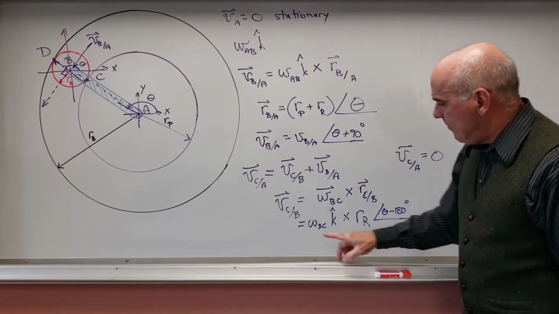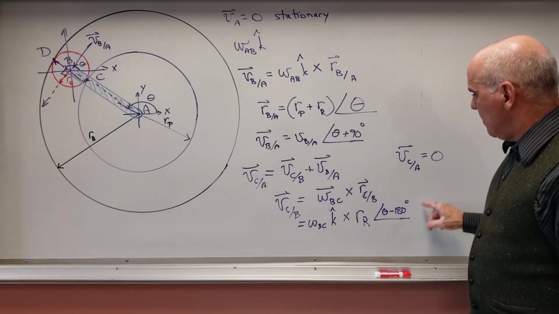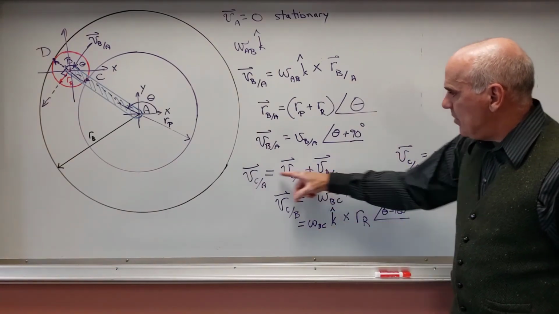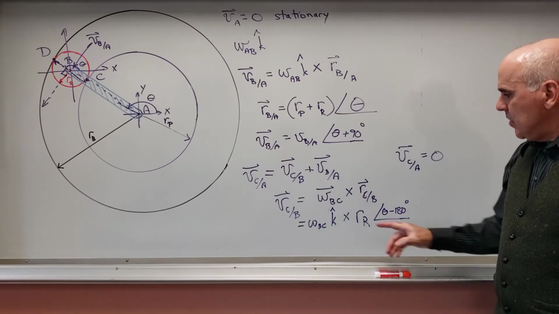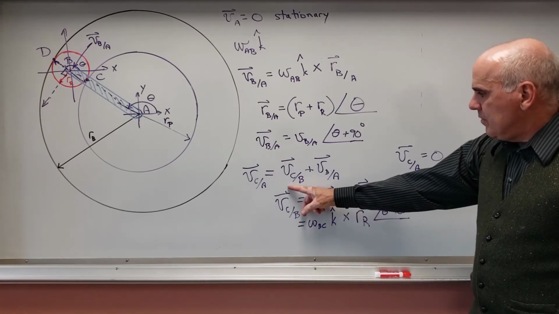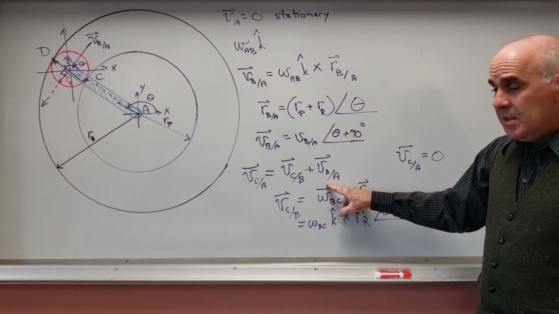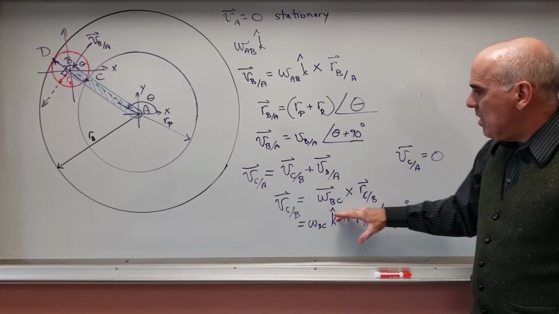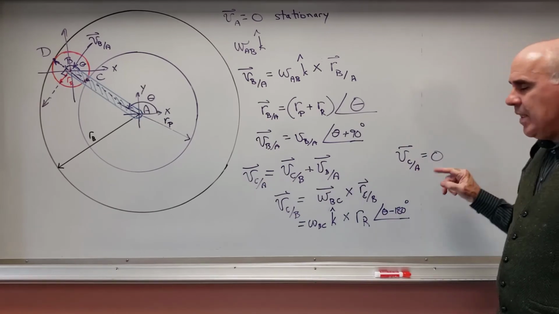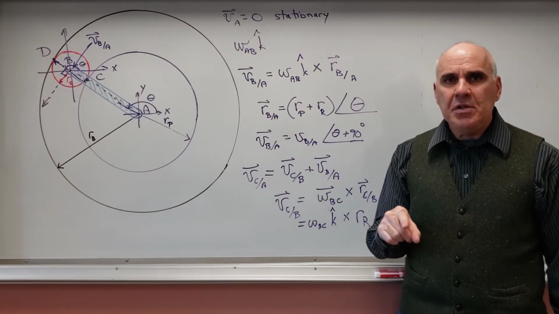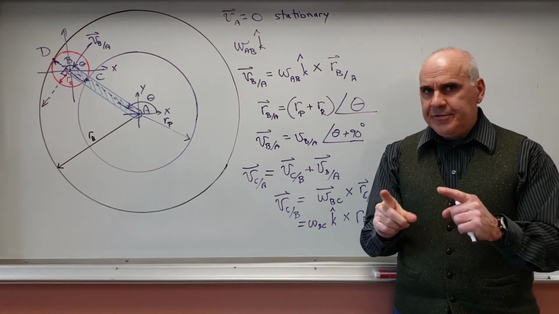And so I can find some of this information by putting it into this equation. I put this one into the velocity of C with respect to B. I know the velocity of B with respect to A. There's a few unknowns in here, but this is equal to 0, so I can solve that system of unknowns. Keep in mind, this is a vector.